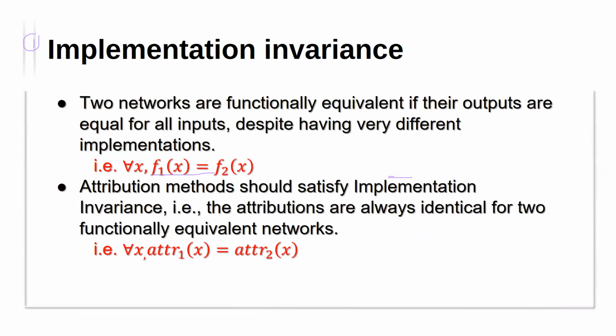So the difference might be a combination, an enhancement, of implementation invariance. Suppose given one network, F1x and F1y have the same behaviors, and suppose there's a baseline x prime, they should have the same attribution. X and y should have the same attribution. I think this is fairly clear.